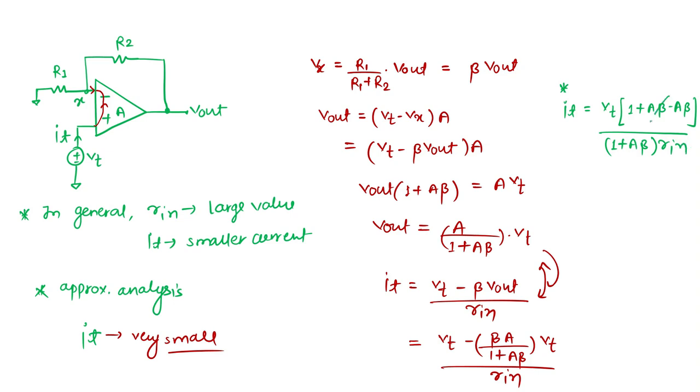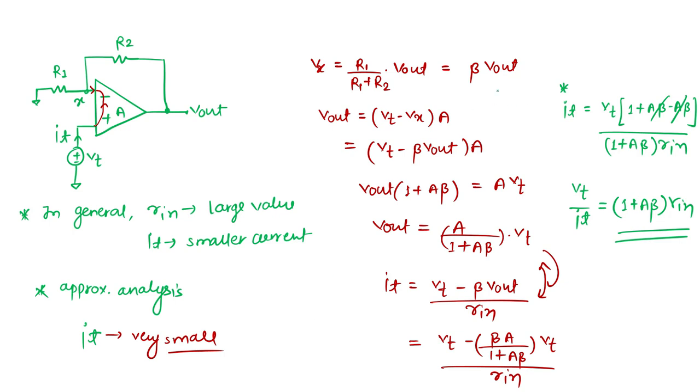Over Rn. This is cancelled. So from here, I can see Vt by IT comes to be 1 plus A beta times Rn. This is the conclusion that I want to tell you. That's why I have taken the approximation that IT is very small.